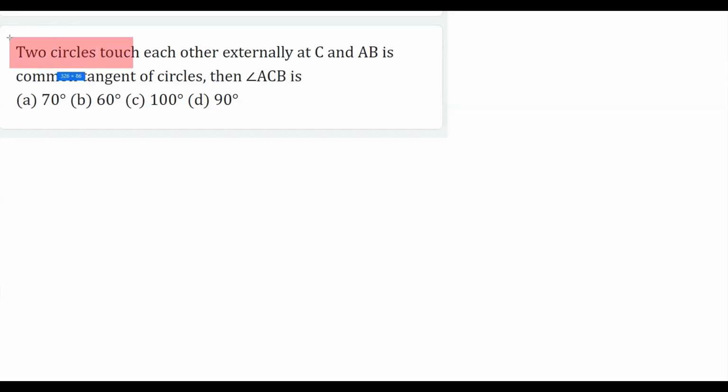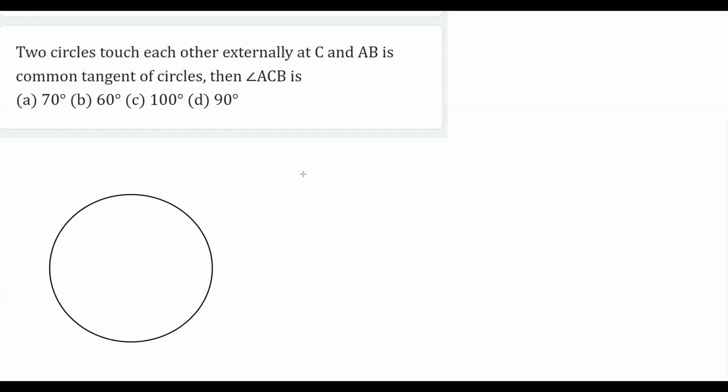In the next question, it says two circles touch each other externally at point C. So let's first draw till here, then we'll be able to understand it better. I've drawn two circles, and I took the external point of contact as C here. Now further it says that AB is a tangent.